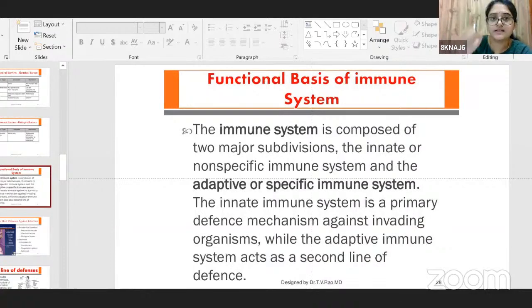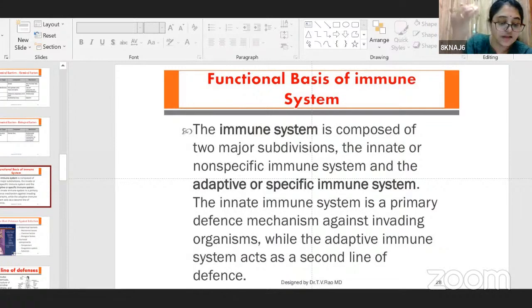Recognition: yes, this is a foreign body. Then activation. The first response is going to be slow because we do not know how much is needed. For example, until you know what dosage of a medicine you have to give, you will not be able to know without starting to give the medicine. It's always a trial and error.